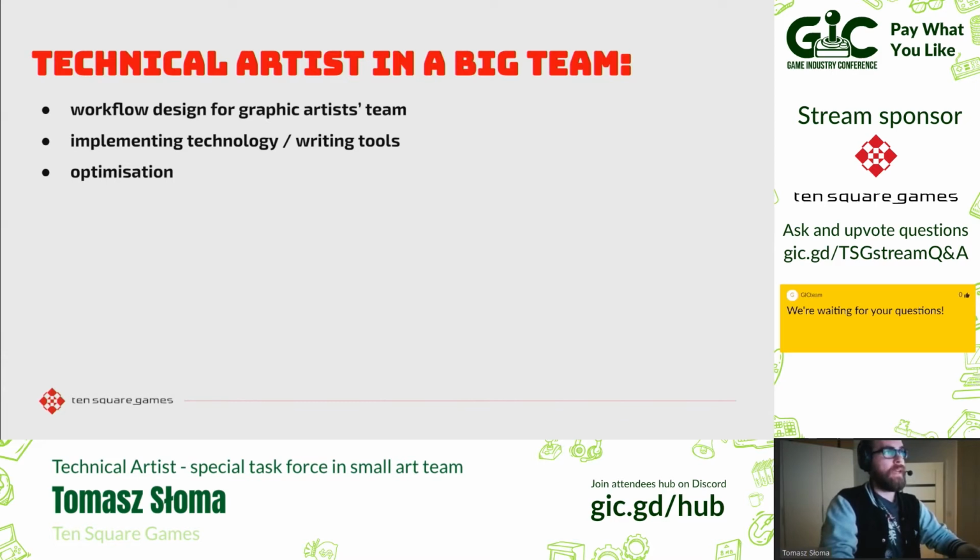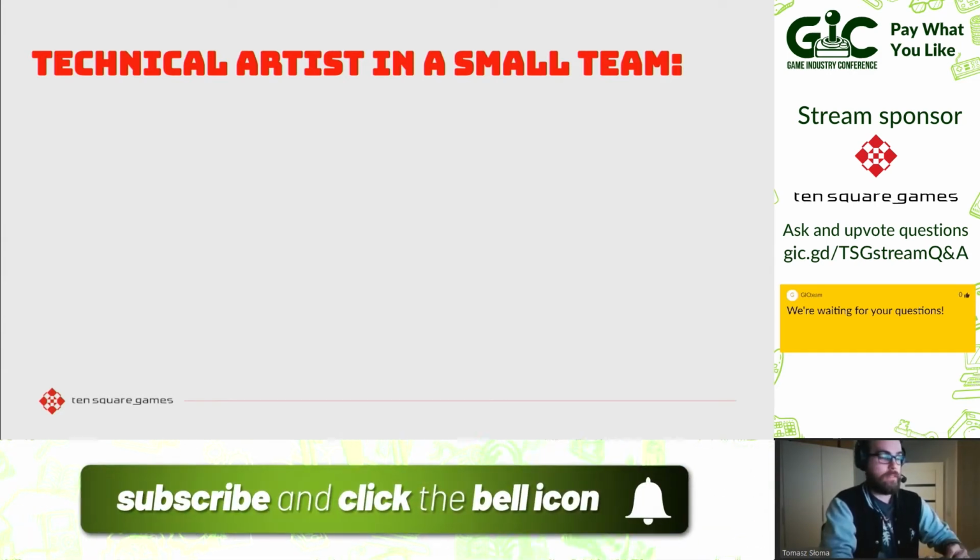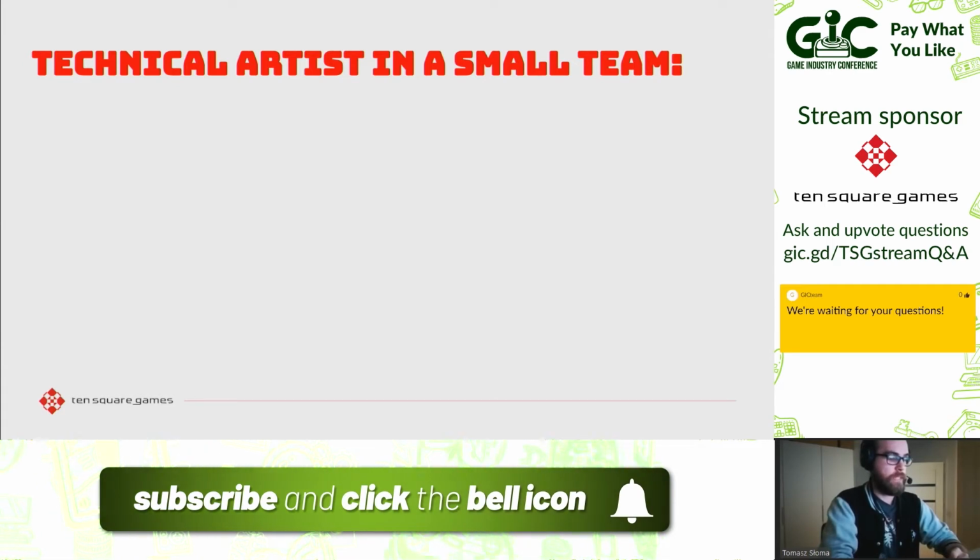Yeah. And this all works in a team of 50 or 100 people, or even more. I don't know how many people worked on Skyrim, how many on graphics, but I assume it was around 50 or 100 people. But what if we have a graphics team that consists of 10 people, or even fewer, like 6 people, for example?